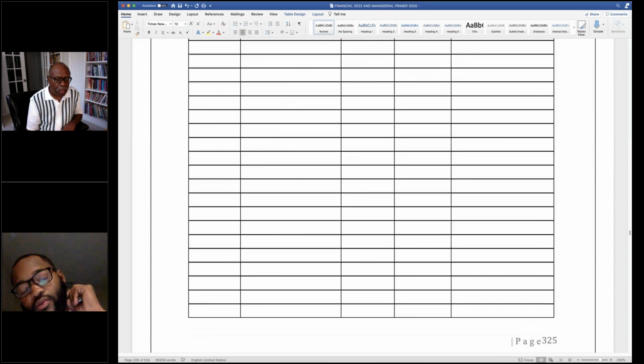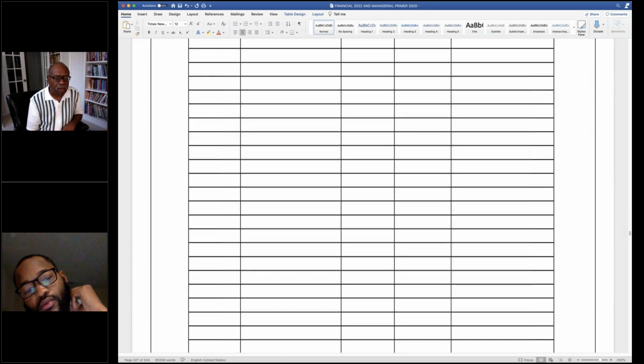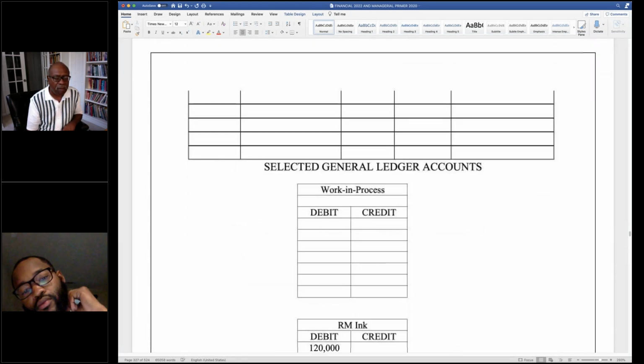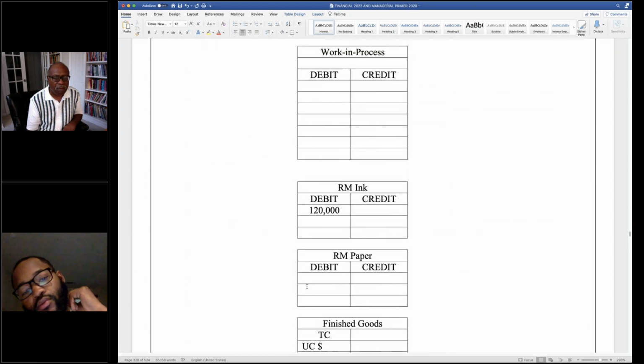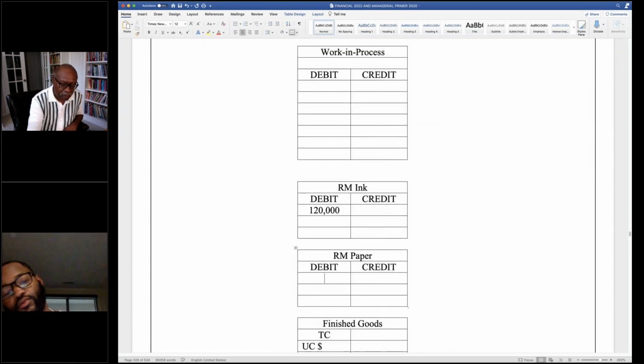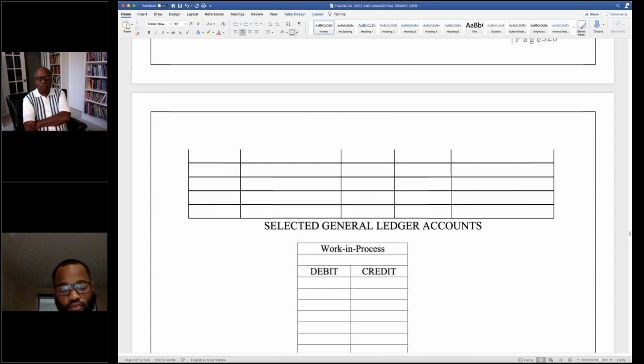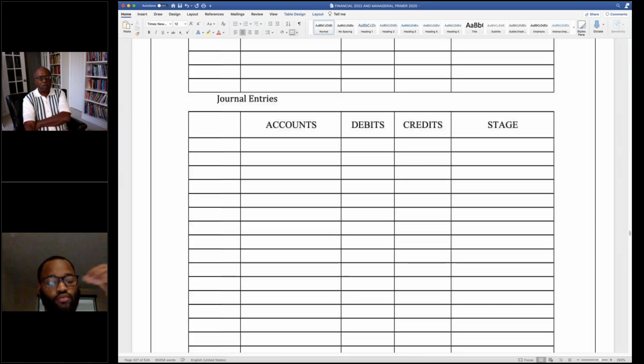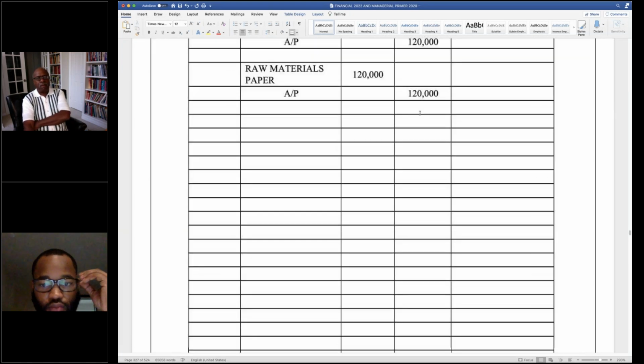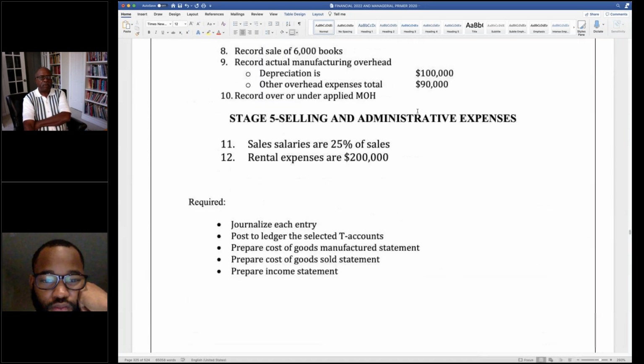Then we have to post this into the T account. We just got the manufacturing account. We posted one-sided on this problem because we're just trying to do the selected things. Once you get to your study problem, you have to post everything.